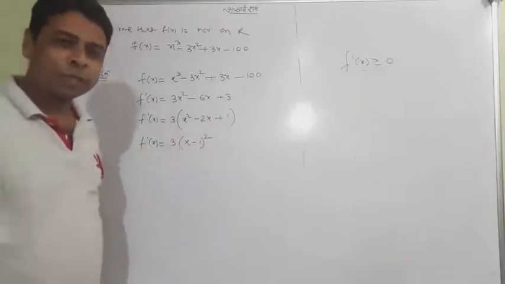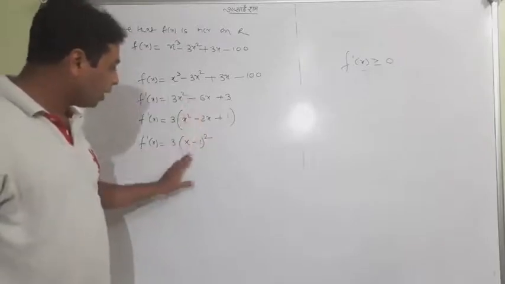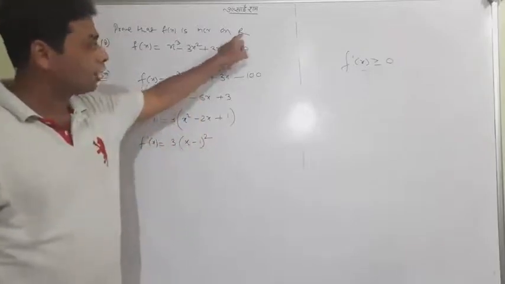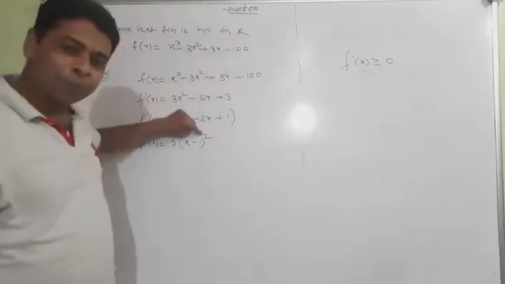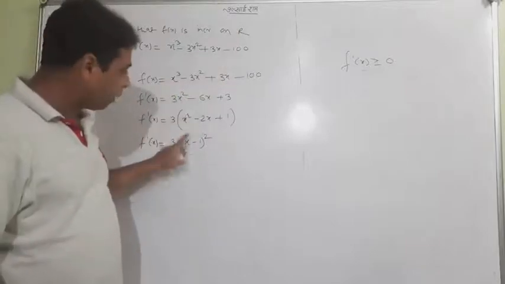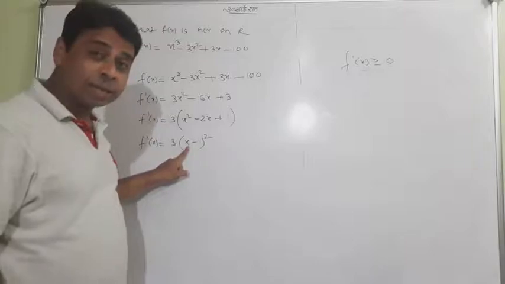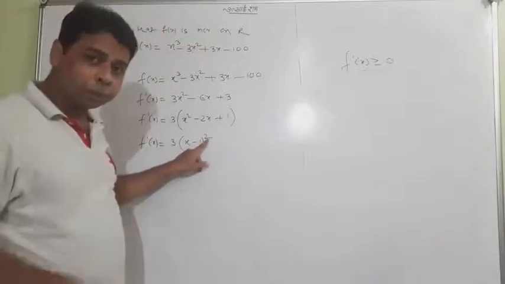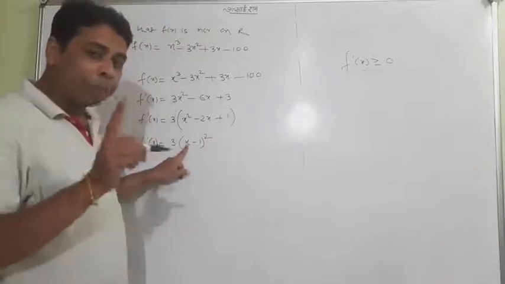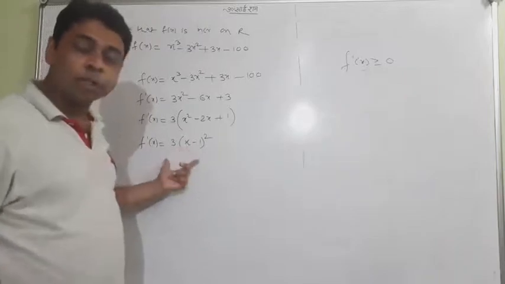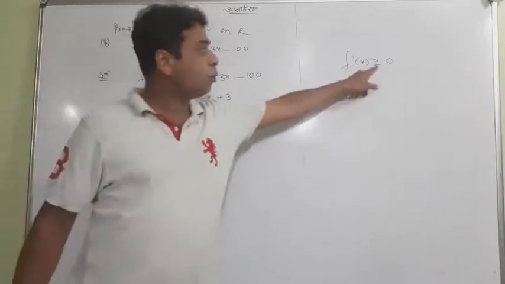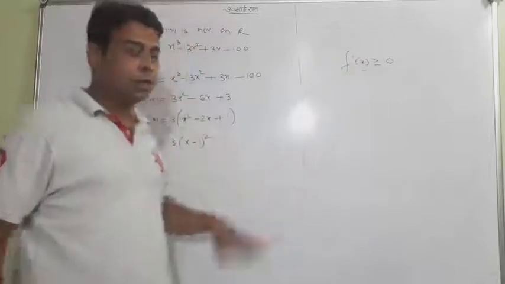Now I ask you, what do you think about the nature of f dash x for all real numbers? Look, it is a square. It is always positive. Meaning whatever value of x you put, it will always give a positive answer. And by putting x equal to 1, 1 minus 1 is 0, meaning you can get 0 or a positive answer.